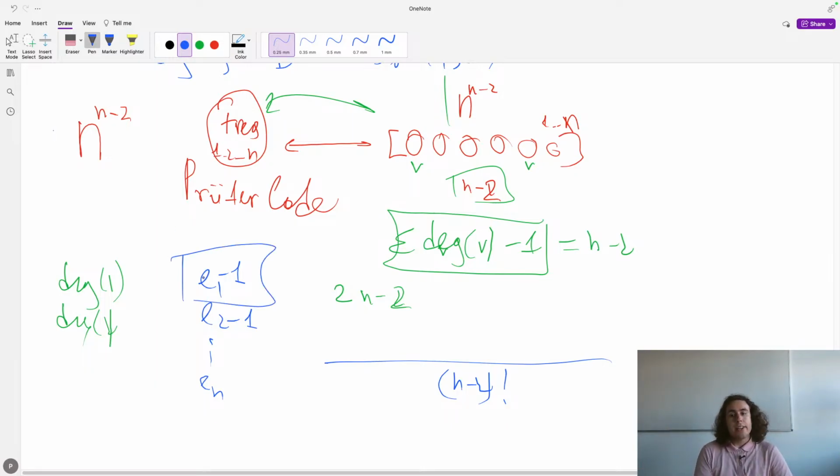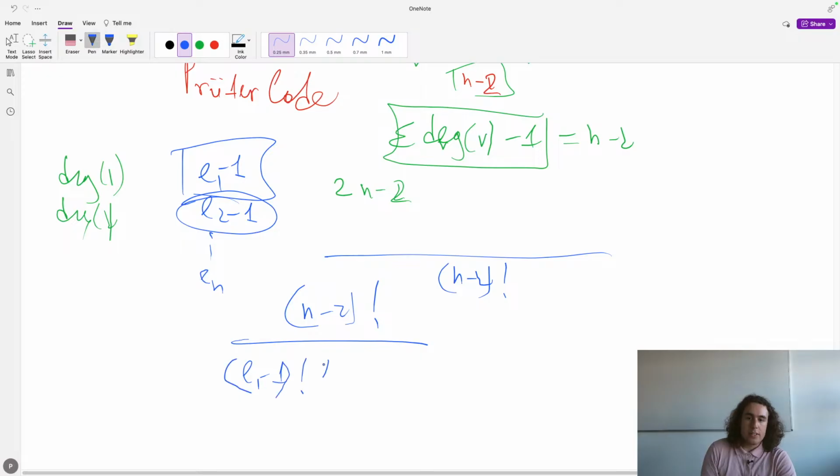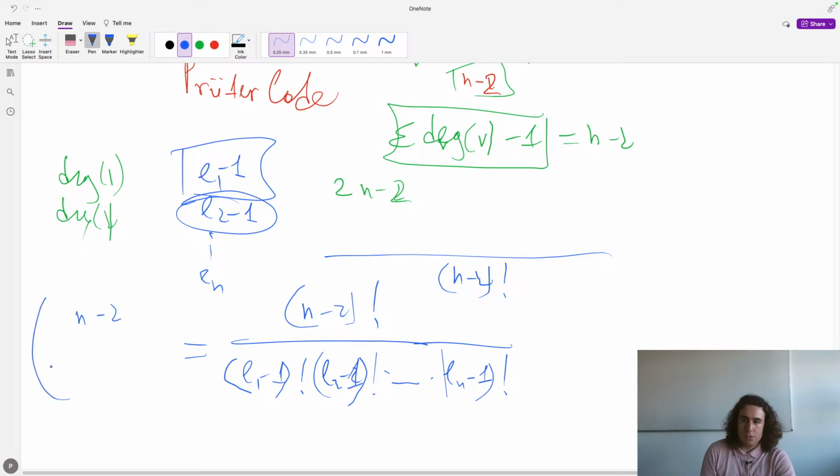Because we have E1 minus 1 elements that are equal to 1. We can permute them however we want, and this will not change anything. And the same way with these, and so on. So this is n minus 2 factorial over E1 minus 1 factorial times E2 minus 1 factorial, and so on, En minus 1 factorial. This is the answer. And this is the multinomial coefficient, n minus 2 over E1 minus 1, E2 minus 1, and so on, En minus 1.